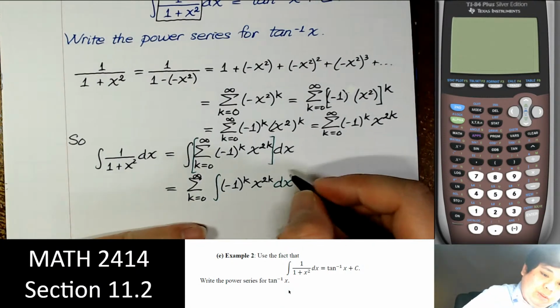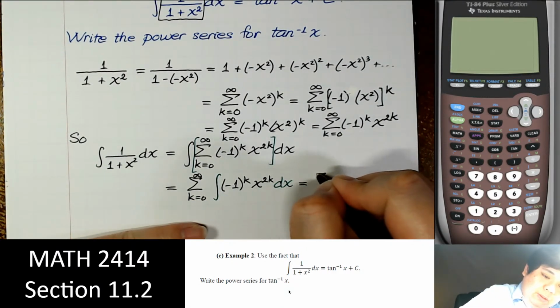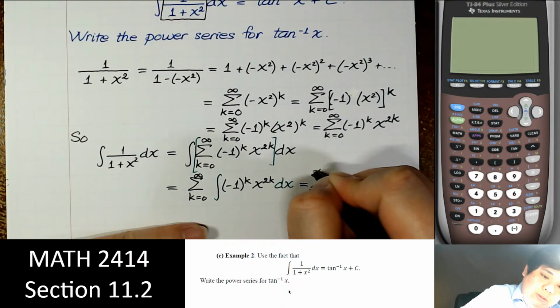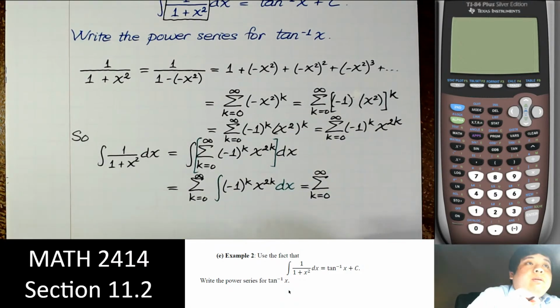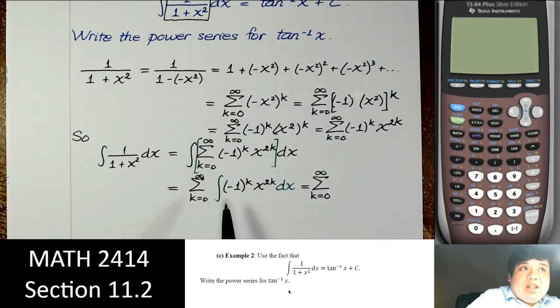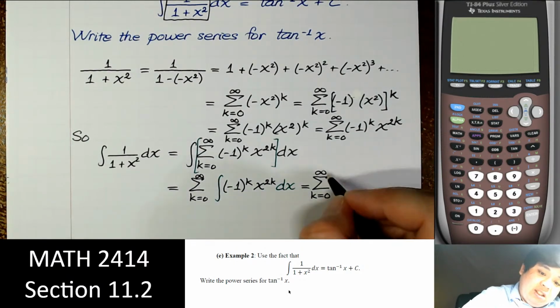And notice negative 1 to the k, doesn't matter what it is, it's still a constant because there's no x in it.